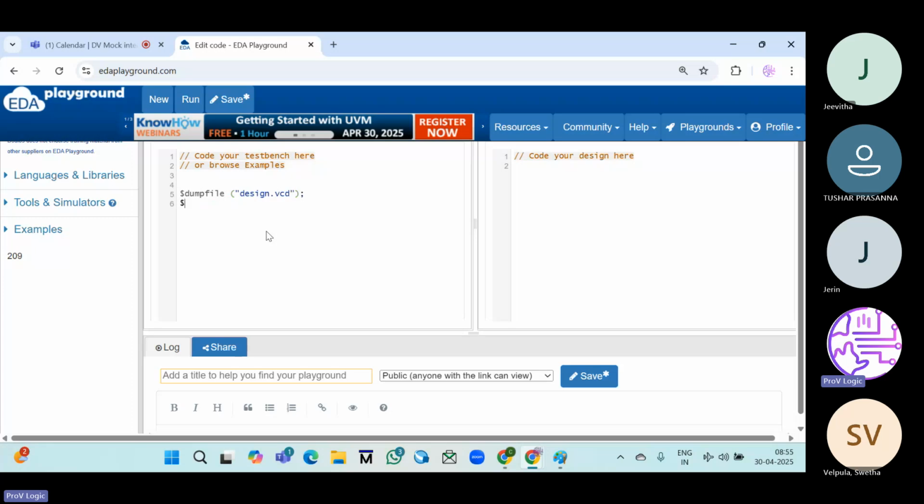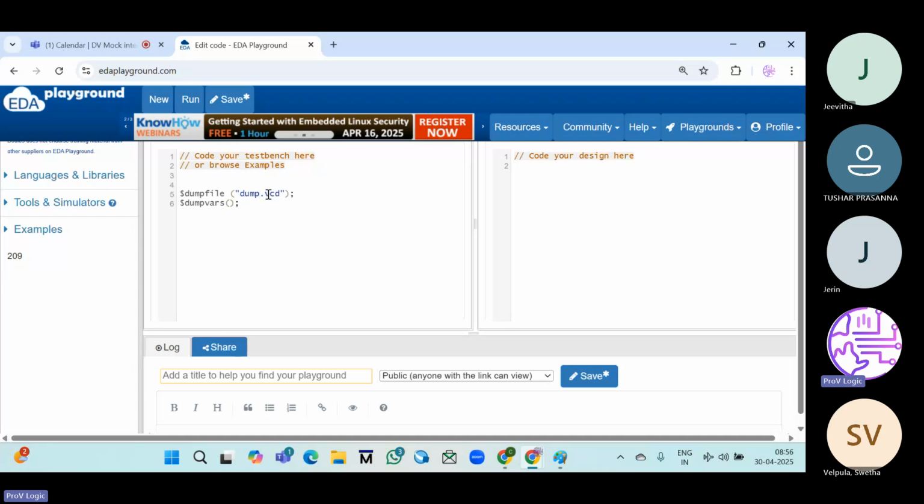Next, $dumpvars. Here all the variables of the testbench will be dumped. You can use design.vcd or else dump.vcd.